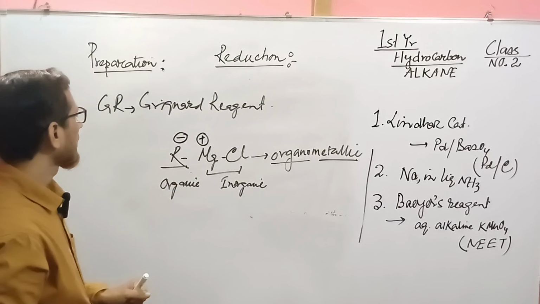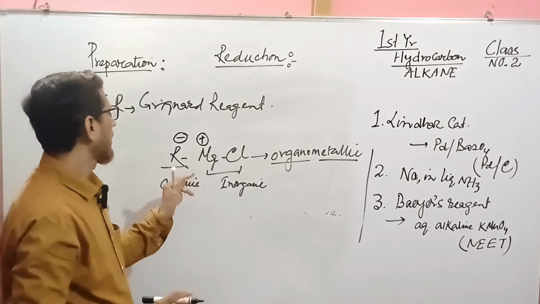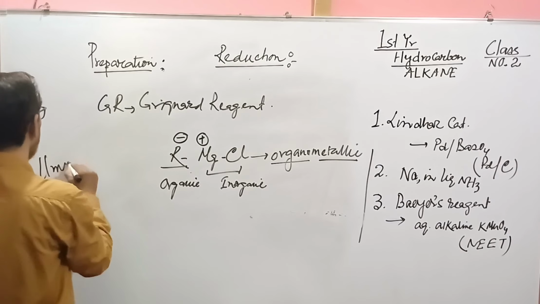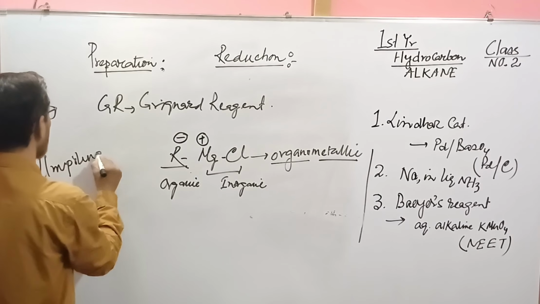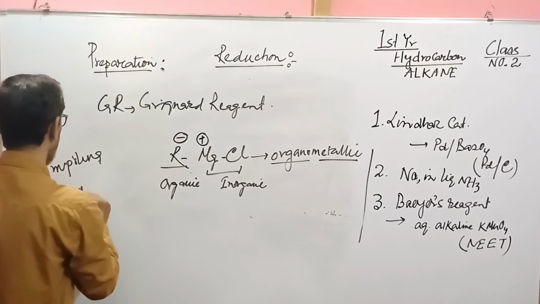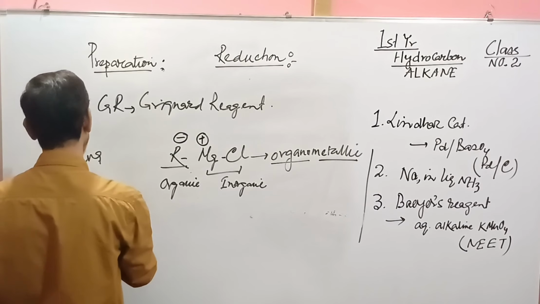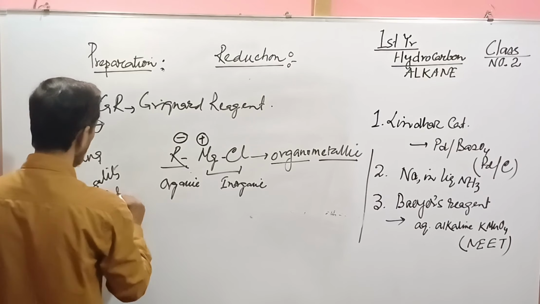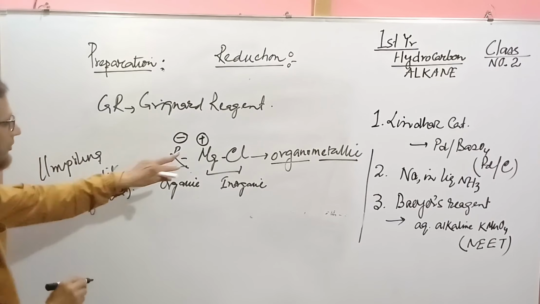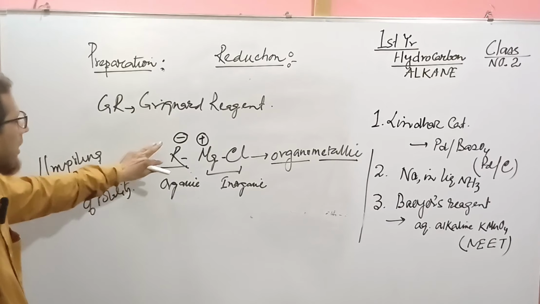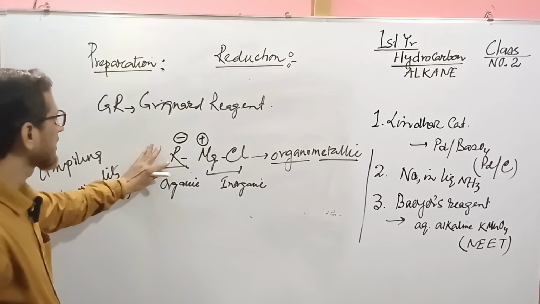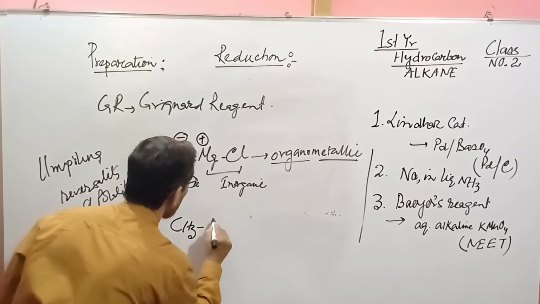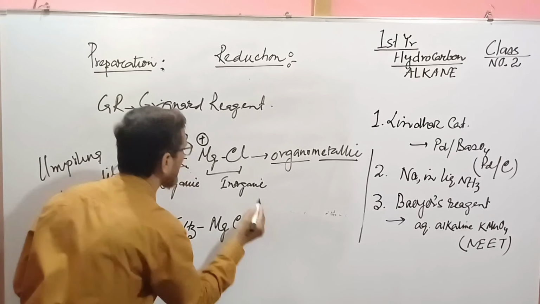It is umpolung, reversal of polarity. No need to keep all these things in your mind. You just keep these things. Whenever you write Grignard reagent, you yourself can write. I am giving one example of Grignard reagent. Say it is a methyl group, one is magnesium, the other is chlorine, or bromine, anything.